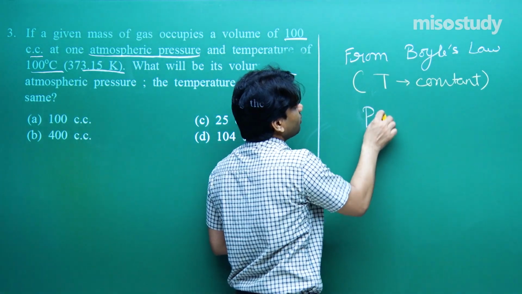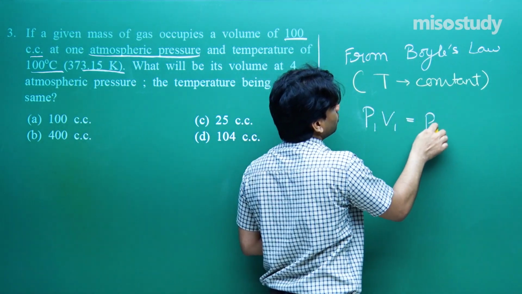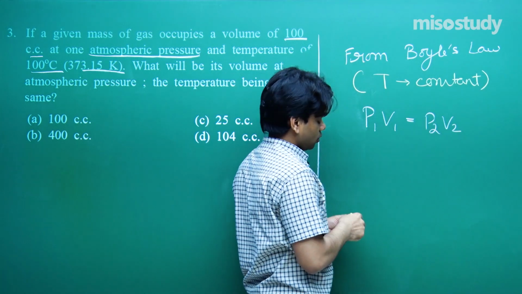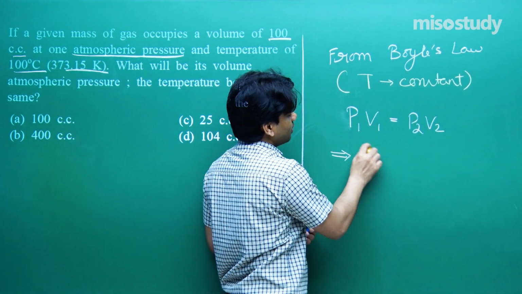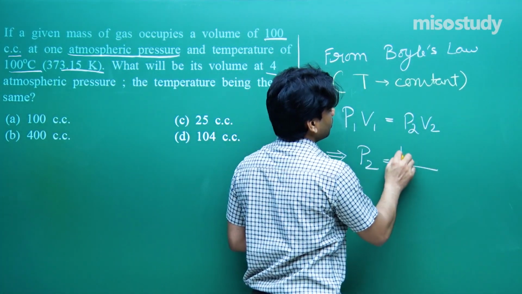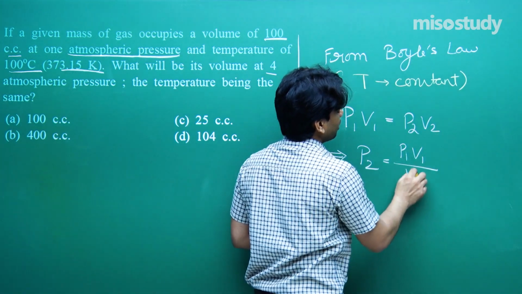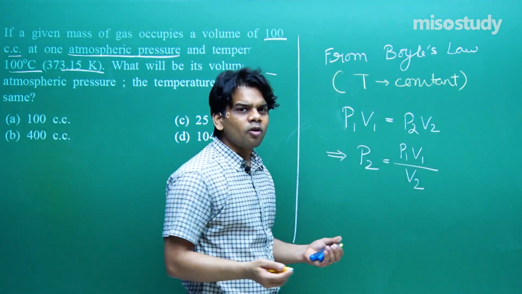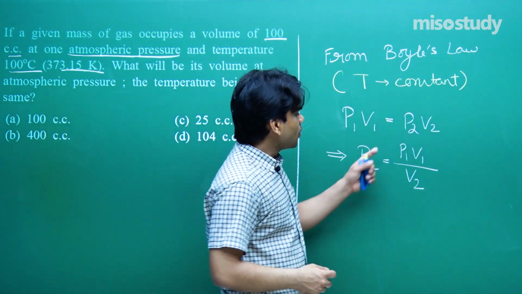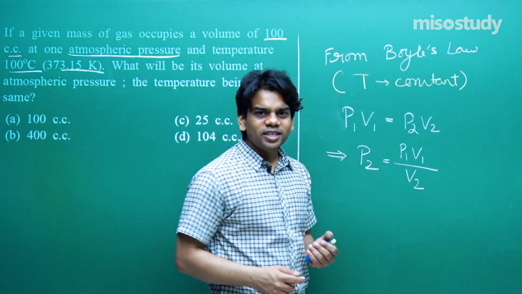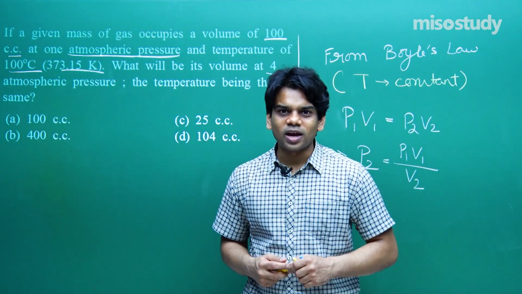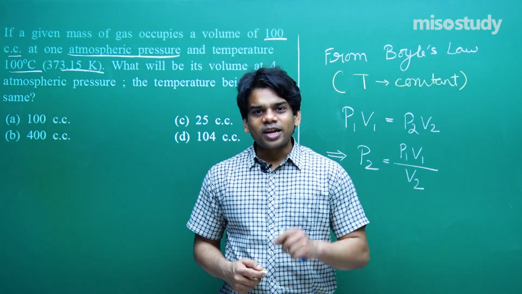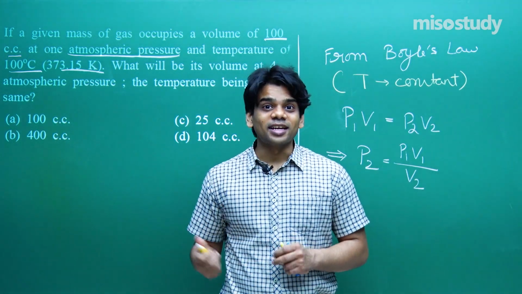So P1 V1 is equal to P2 V2. So we can write that P2 is equal to P1 V1 by V2. Quite obvious. Here the suffix 1 is for initial conditions, and 2 is for the final conditions.